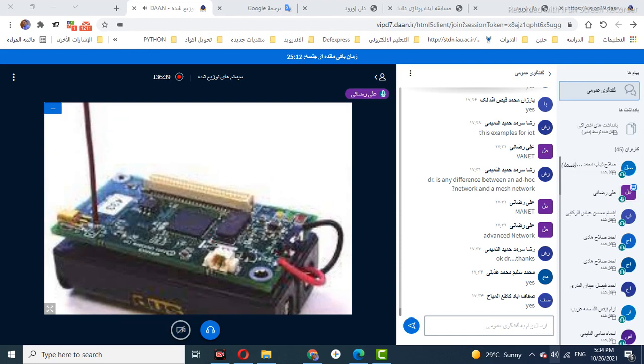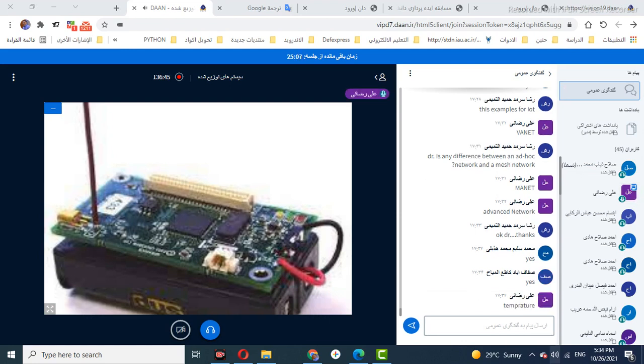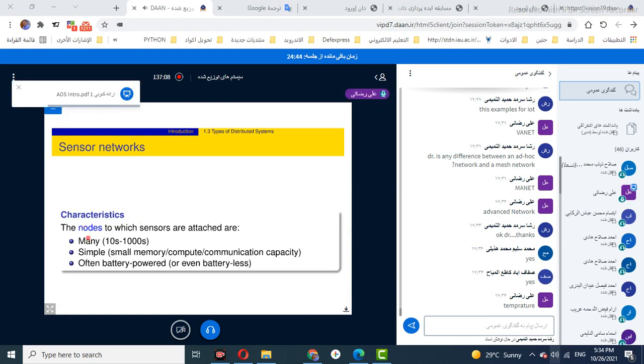For example, you may have any kind of sensor, for example, temperature, humidity, light, soil humidity, air humidity, motion sensor, or any other type of sensor you can have. And then you can make a big network of these sensors, which is called a sensor network. So we may have more than 1,000 sensor nodes.